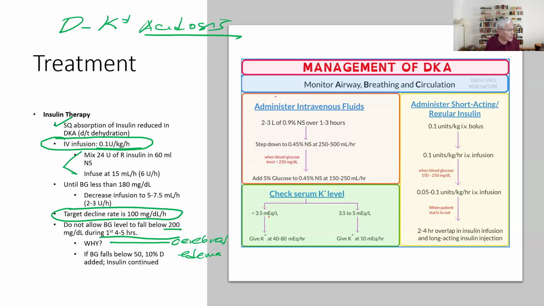So it's very, very important. Now, we always make sure that we give 10% dextrose whenever glucose drops below 250, not 50, 250. We want to add glucose whenever that occurs.